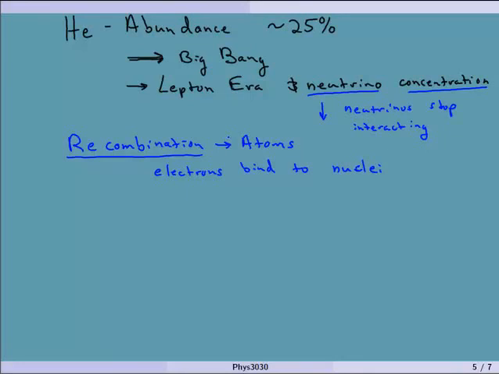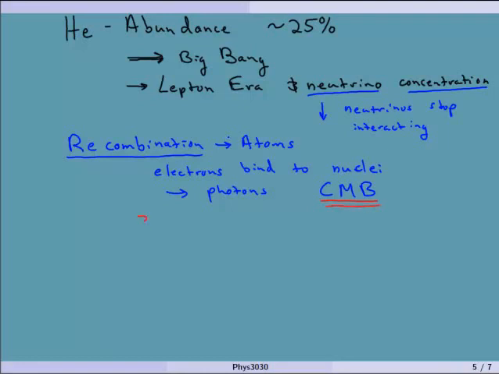And then you get all those photons that are given off by those bindings, and this is where the CMB comes from. The cosmic microwave background radiation is when these photons all come off of those.